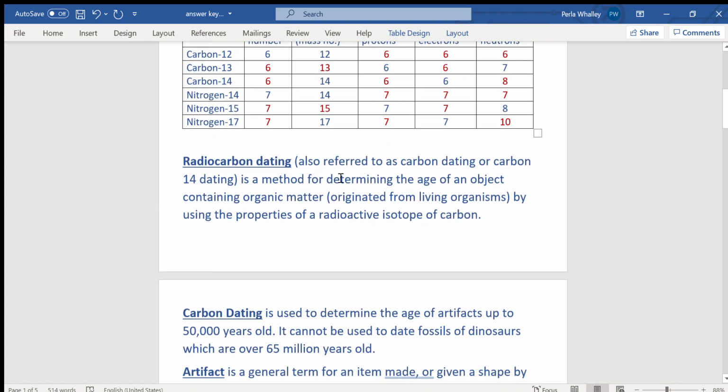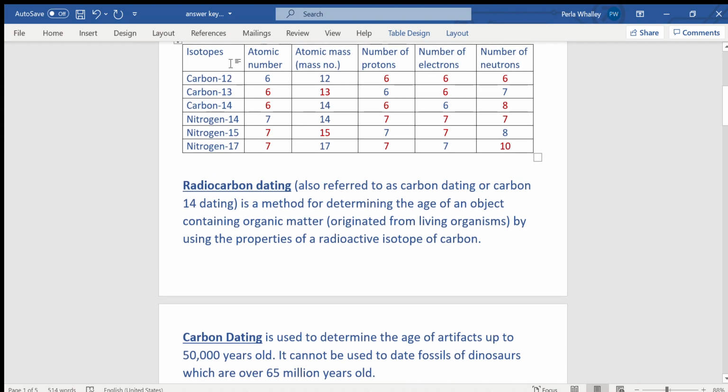Now, we said that isotopes are atoms of the same element. So here, carbon, these are atoms of the same element with the same atomic number, but a different number of neutrons. And of course, they have the same number of protons.